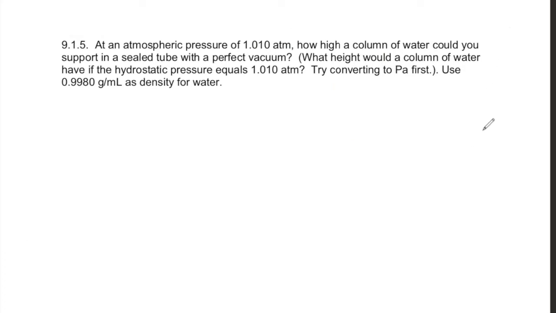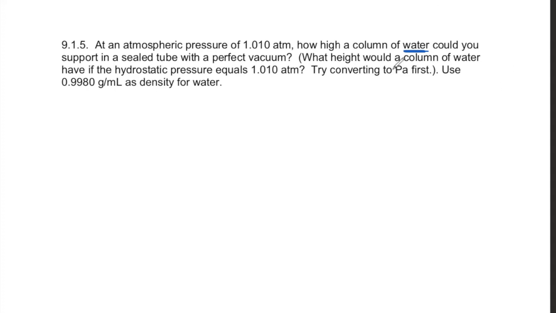All right, so why do we use mercury? Historically, mercury was used instead of something more safe and less toxic like water, and that's because 760 millimeters of mercury is 76 centimeters, a little bit less than a meter, so a little bit less than 3 feet, so that's something that you can work with.